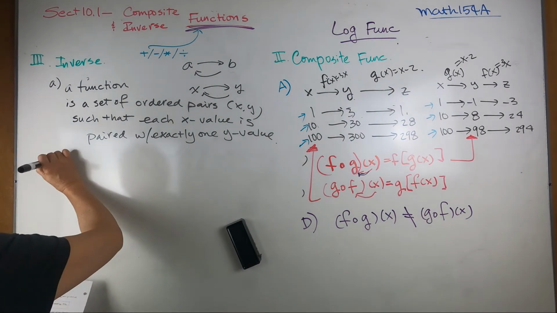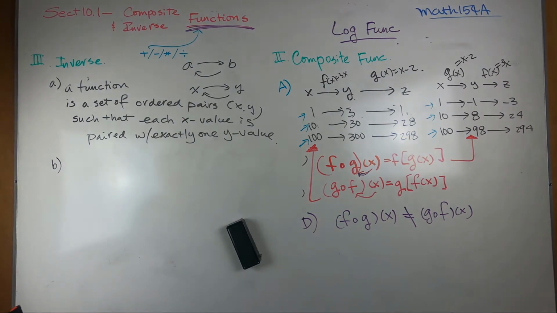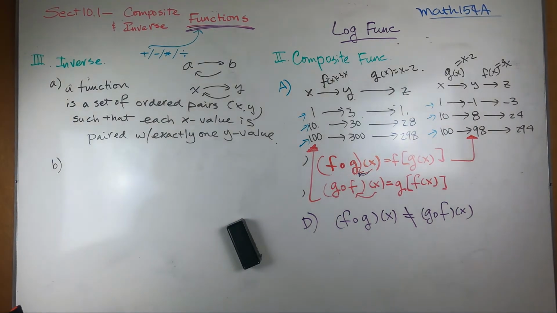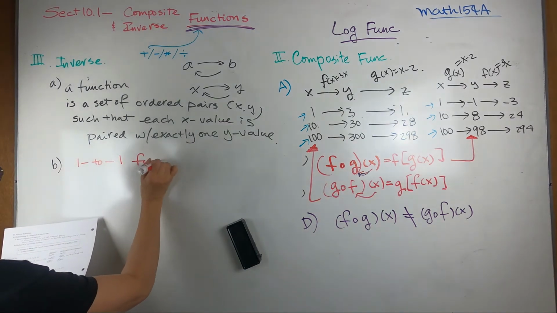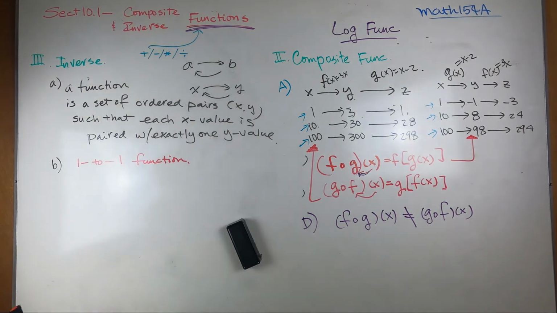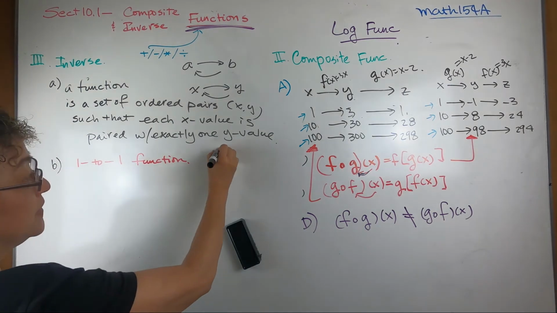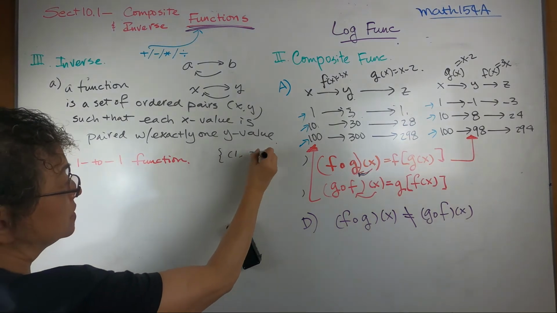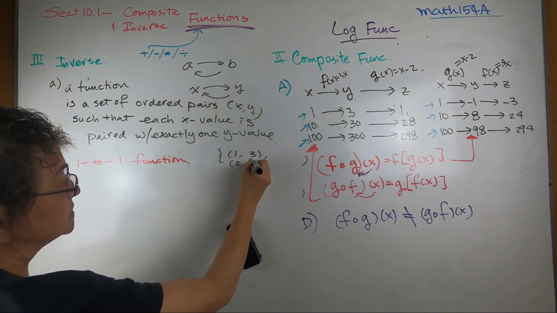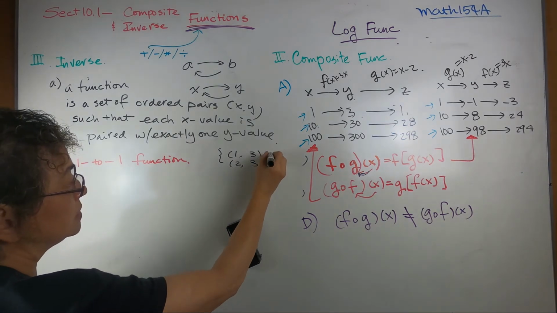Okay, before we talk about inverse function, we need to talk about something called one-to-one function. So, if one pound of nuts costs me $3, then 2 pounds of nuts I still sell for $3.